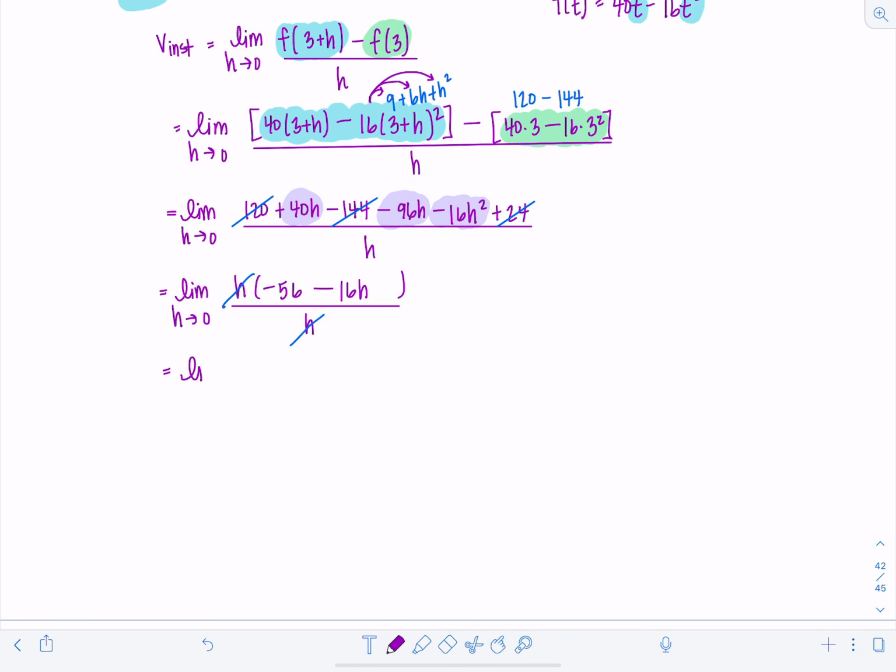Now we have the limit as h approaches 0 of negative 56 minus 16h. I can go ahead and substitute in 0 for h, so that's negative 56 minus 16 times 0, which is negative 56 meters per second.